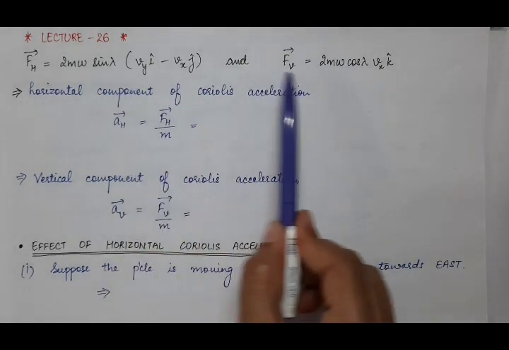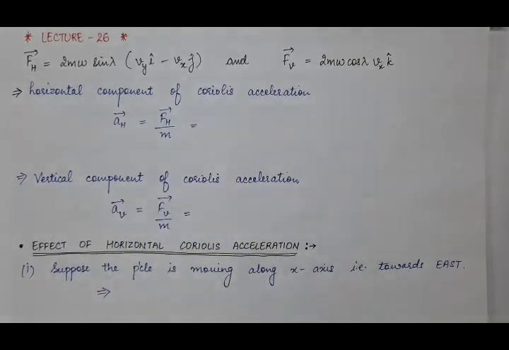From these two components of force, horizontal and vertical, we will find the horizontal component of acceleration and the vertical component of acceleration. What will be the horizontal component of Coriolis acceleration? It will be the horizontal component of force divided by mass.